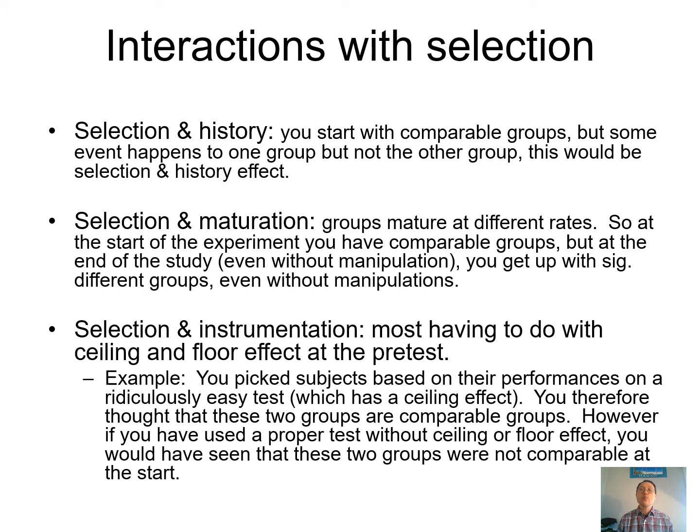So basically, whenever you have a selection effect, the two groups are not comparable to start with. And whenever you have an interaction with selection effect, the groups might seem to start equally in the beginning, but then, due to history, maturation, or instrumentation interaction, they are developing at different rates.